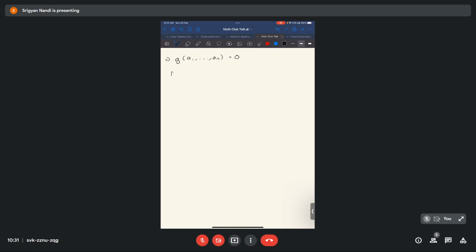So since f(a1 to an) is basically equal to the summation of b_{i1 to in} a1 power i1 till an power in, plus g(a1 to an), we basically have that this is 0 and this is 0, which should imply that this term over here is also equal to 0.